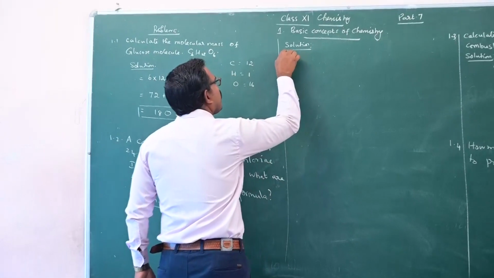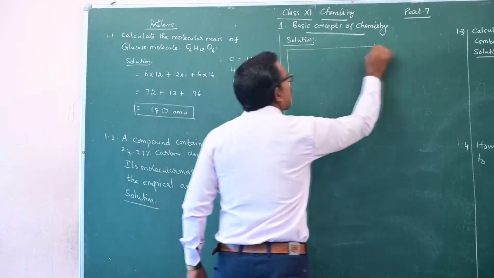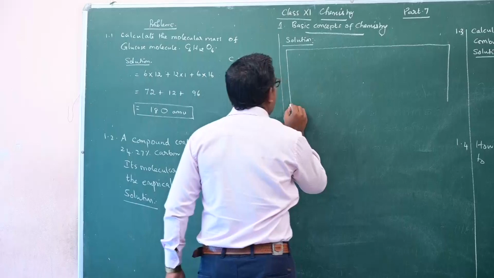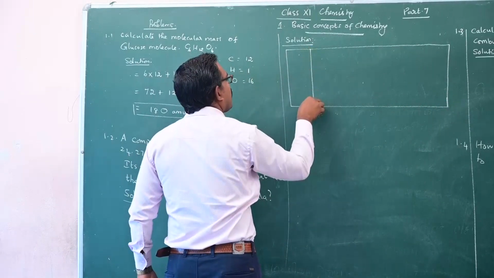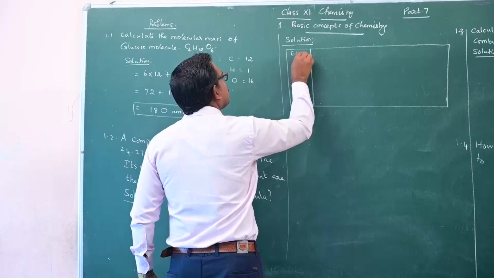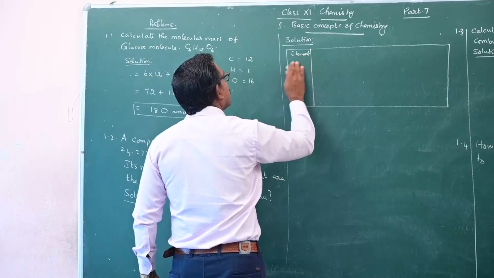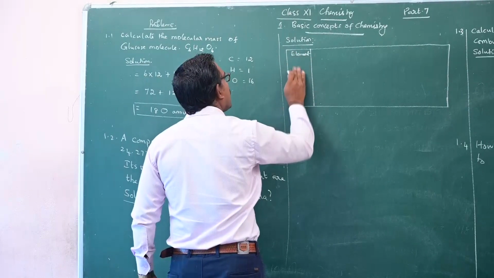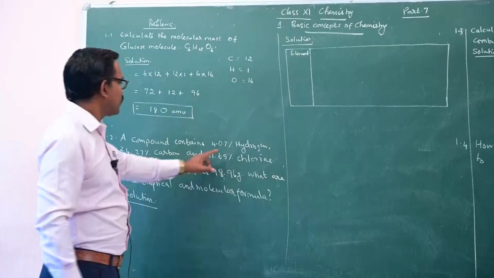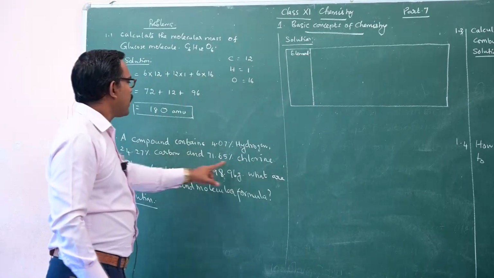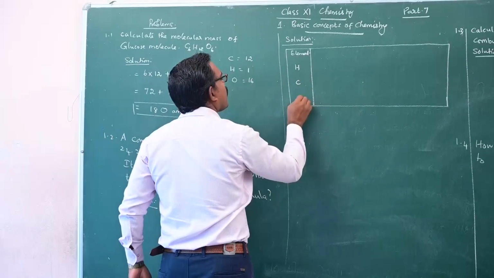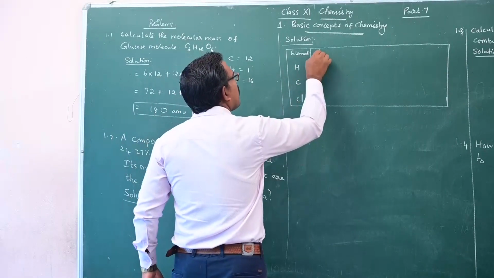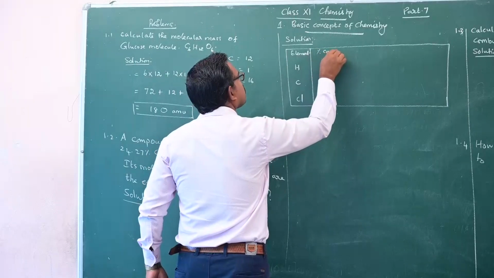First of all, we make a tabular form. First column is element and the next is their percentage composition. What are the elements present? Hydrogen, carbon and chlorine.